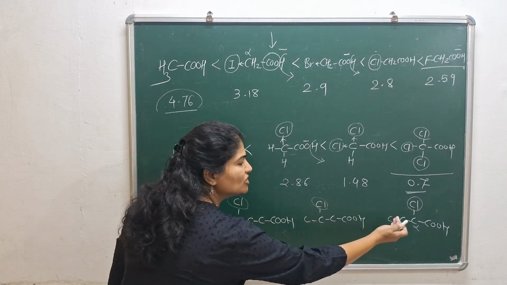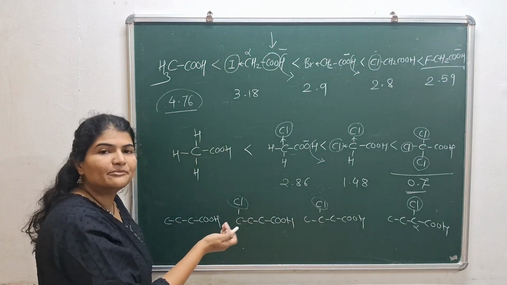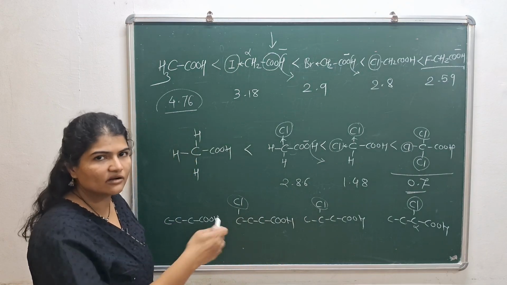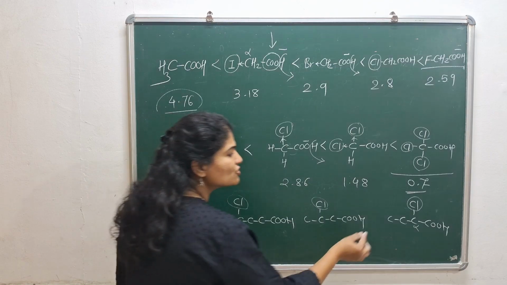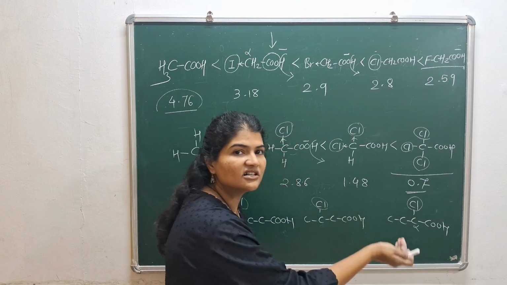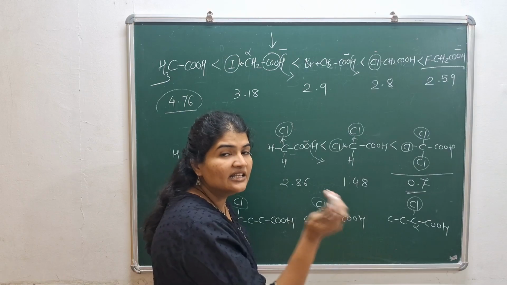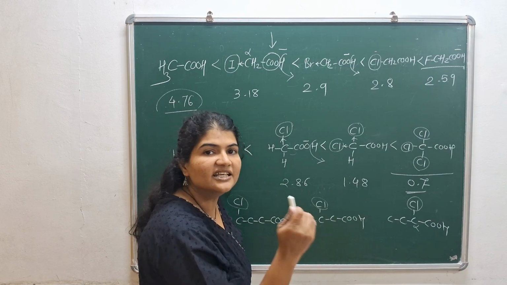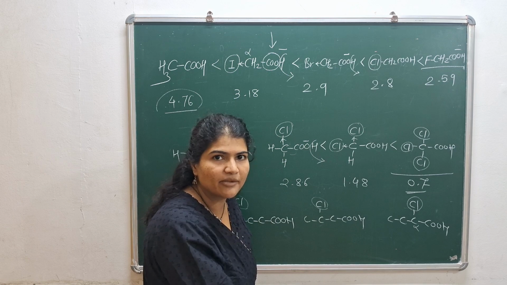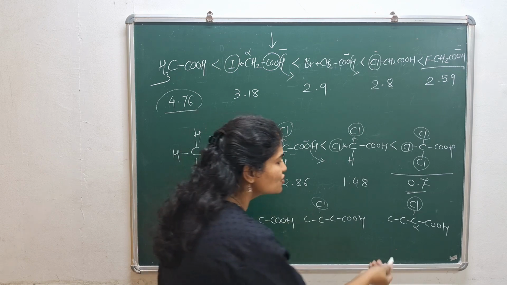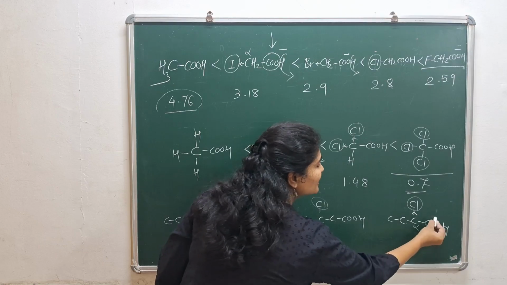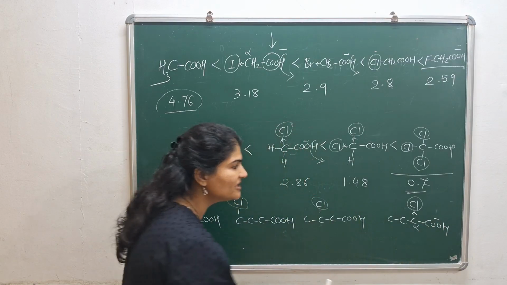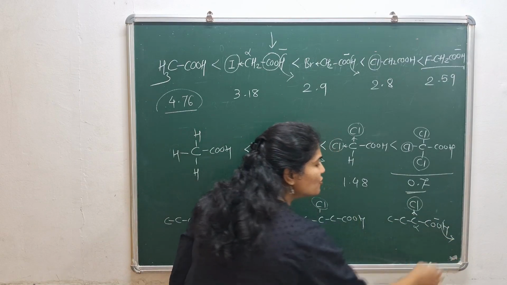So we are moving the element away from the carboxylate ion part. Here, as it is closer to the carboxylate ion, the negative inductive effect exerted by it will be stronger. It will pull away the electrons, make the negative charge less prominent, and make the release of proton easier.